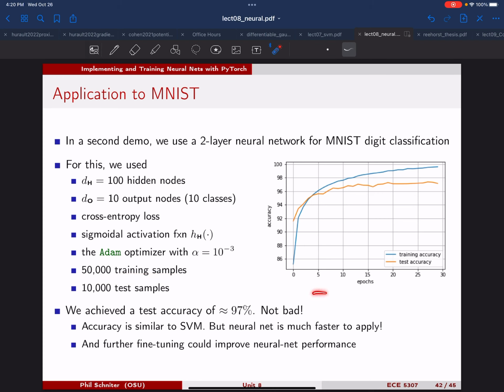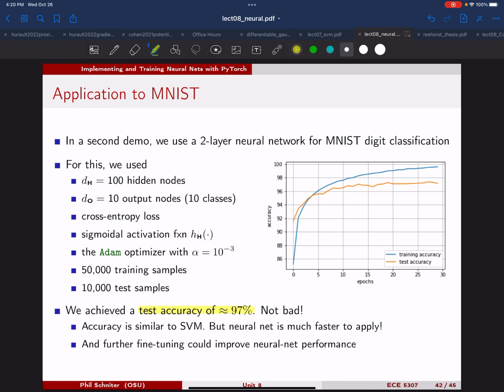And this is what happens as you train it over the epochs. You can see that the training accuracy increases and it's getting closer and closer to 100. Meanwhile, the test accuracy is more or less saturating at a little bit higher than 97%. And that's actually pretty good if you remember with the support vector machine.